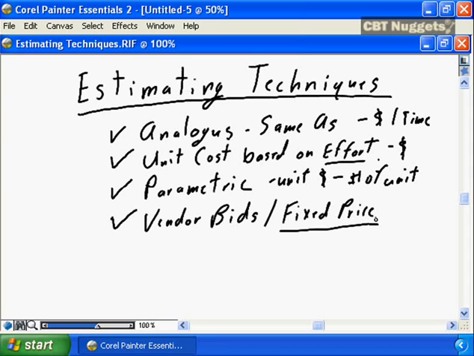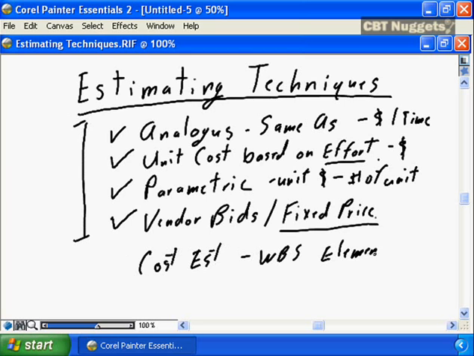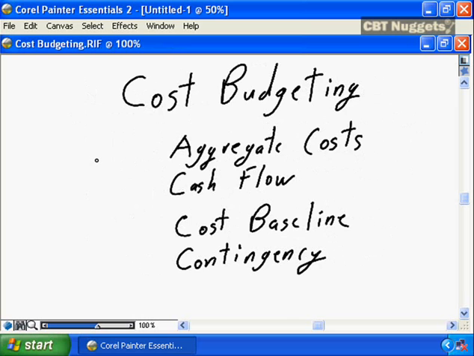Parametric will be appropriate in other instances, and vendor bids and fixed price quotations will be appropriate for other components of your work breakdown structure. So you may apply one, several or all of these estimating techniques to come up with the cost estimates for each WBS element. And that's what this component is dealing with, developing the cost estimate for each component of our WBS.